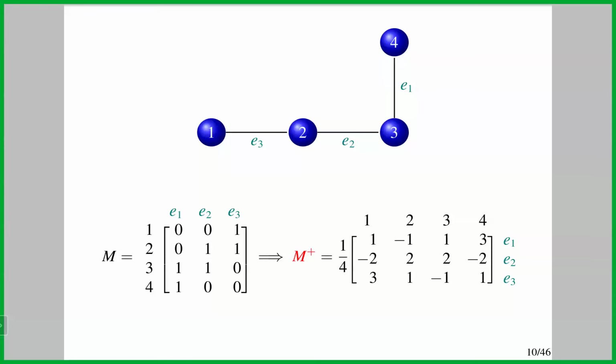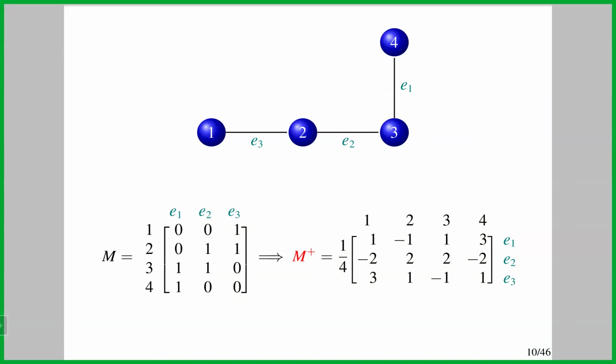If you delete edge 1, then you have two connected components. One side has 3 vertices, the other side has 1 vertex. Vertex 3 is on one side of the graph; now look at the other side. The other side has 1 vertex. So that's why the 1-3 entry of M plus is 1.